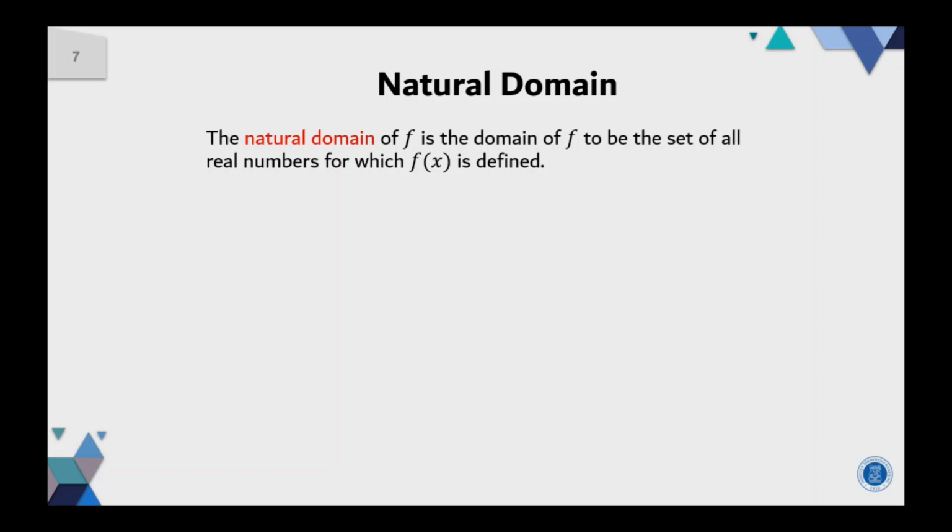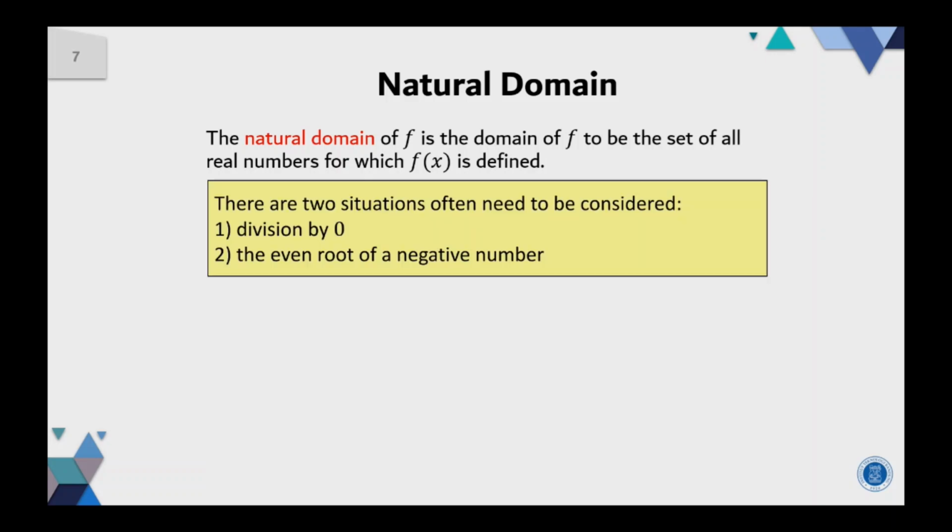So there are two situations that you need to consider. The first one is that we cannot have division by 0. It is undefined if we have a division by 0. And then we also could not have an even root of a negative number.